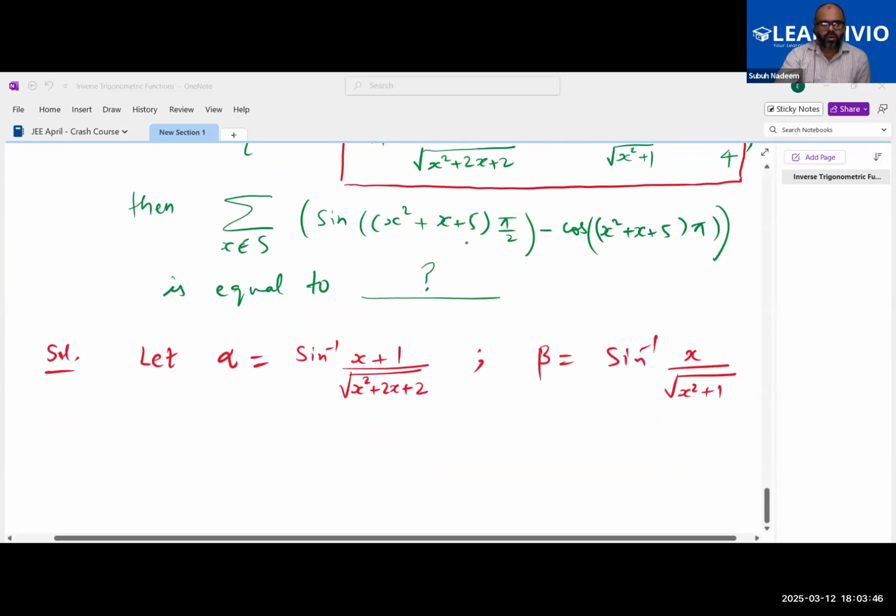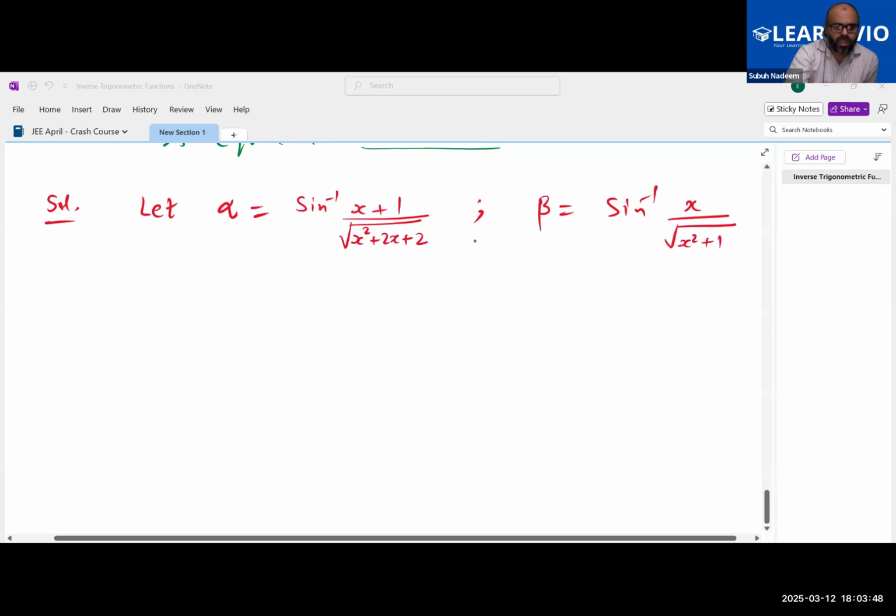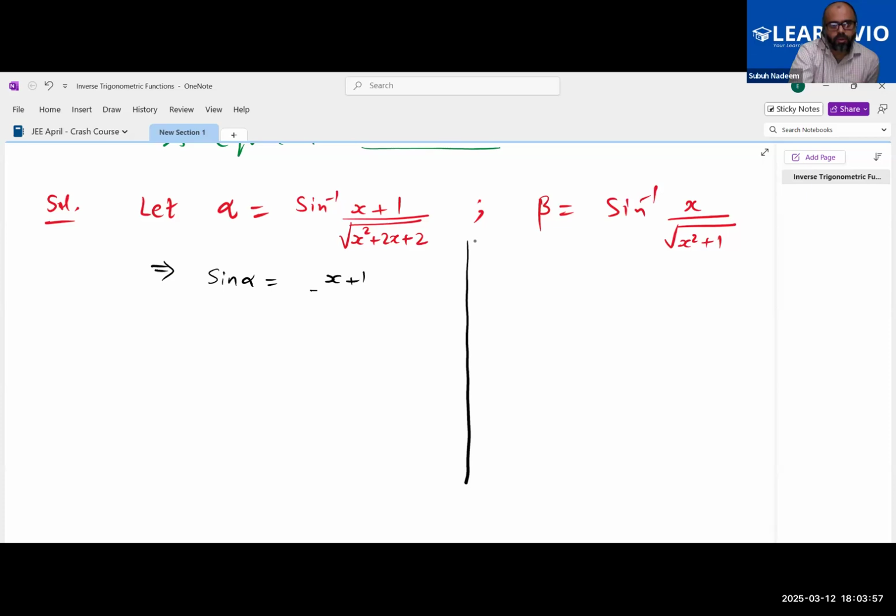So what you do here now is, this is alpha which you have taken, okay? So you can say that sine of alpha is equal to x plus 1 upon, and this value here is actually x plus 1 whole square plus 1. If you see this, x square plus 2x plus 1 plus 1, which is 2.